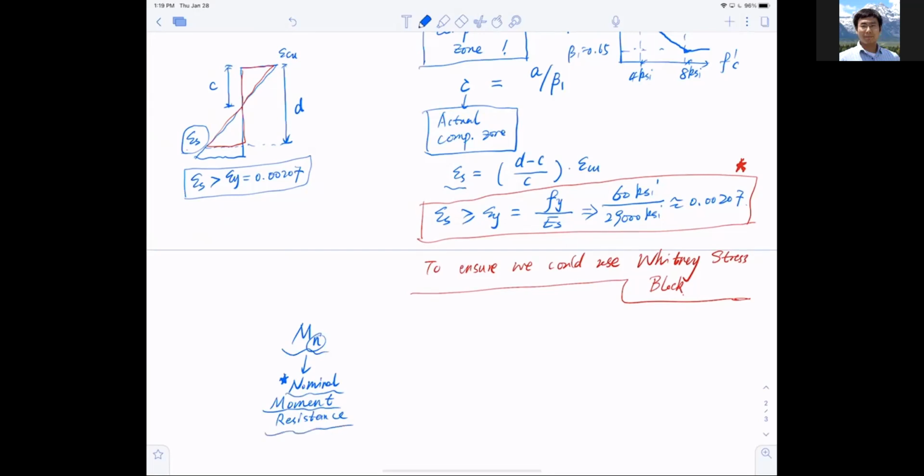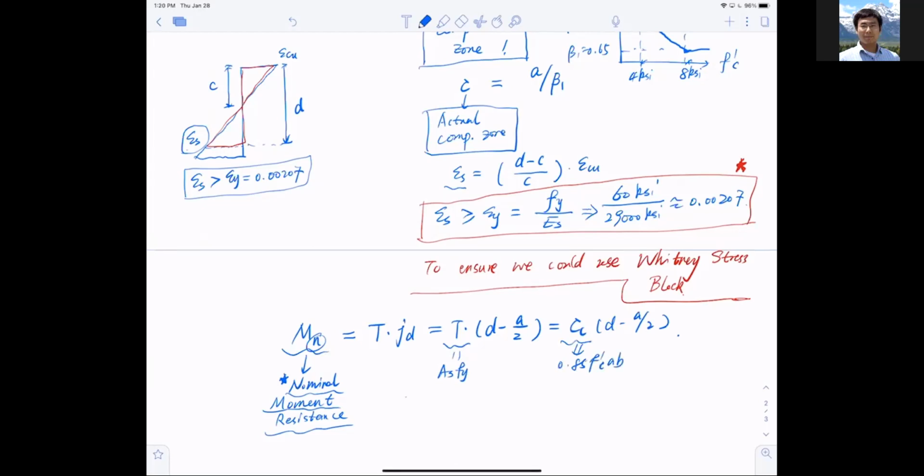And to compute that, we say that is equal to the tension T multiplied by JD. And it turns out this JD in this single layer reinforced section happens to equal d minus half a, and is also equal to C multiplied by d minus half a. And to write it out, don't forget tension T equals As Fy and compression C equals 0.85 f'c a b.